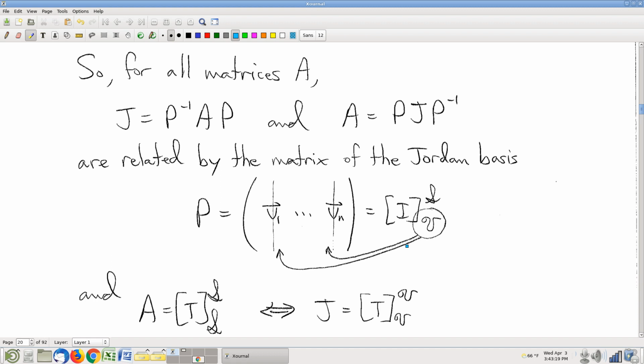Notice how analogous these equations are to what we wrote down when we were talking about diagonalization. Very analogous. So here's the only thing that's different. When we were diagonalizing, this was a D instead of a J. And the basis that we used was made up of eigenvectors.